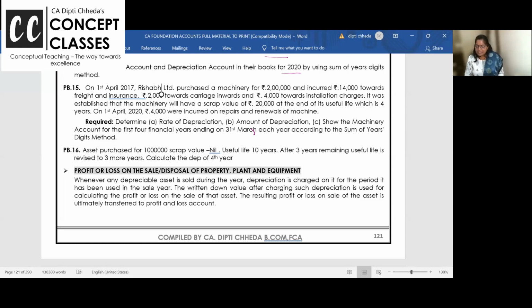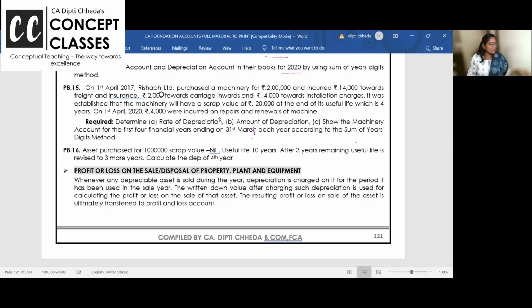It was estimated that the machine will have a scrap value of 20,000 at the end of the useful life, which is 4 years. Now on 1st April 2020, 4,000 were incurred for repairs that you will not capitalize. Determine the rate of depreciation, the amount of depreciation, and show the machinery account for the first 4 years according to the sum of the digits method.